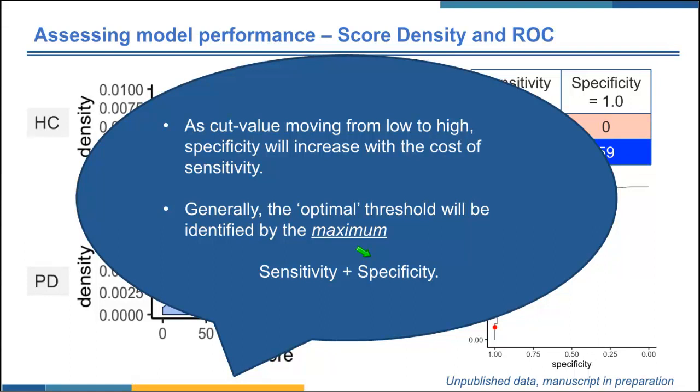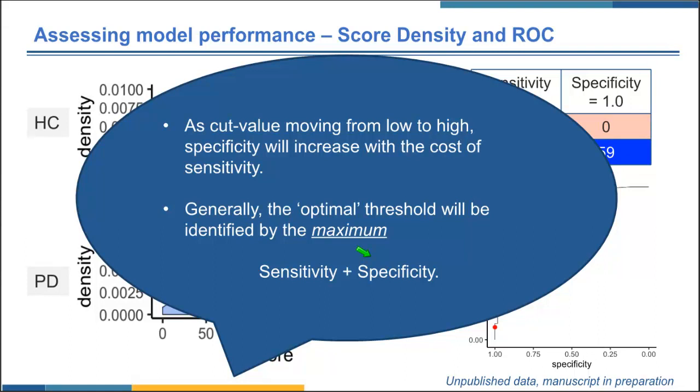Because if you set the cut value really low, basically the model thinks everyone is a PD patient. So of course, if you really are a PD patient, the model is right, and that means your sensitivity is really high. But for specificity, the model thinks every healthy person is a PD patient as well. That's where the model makes a mistake.